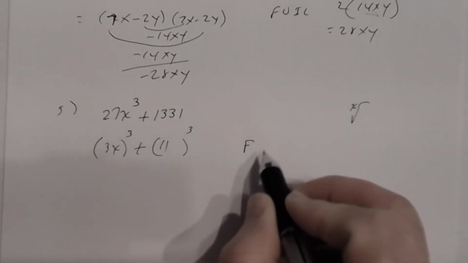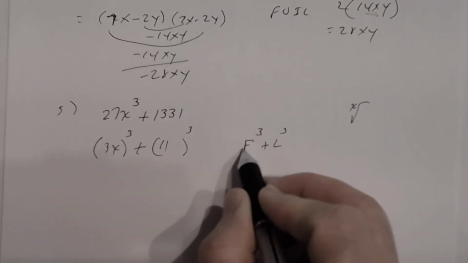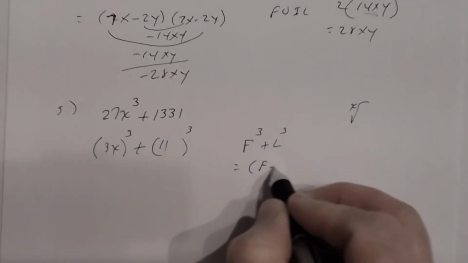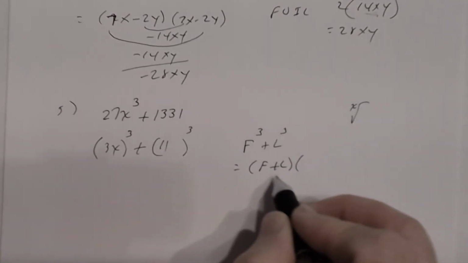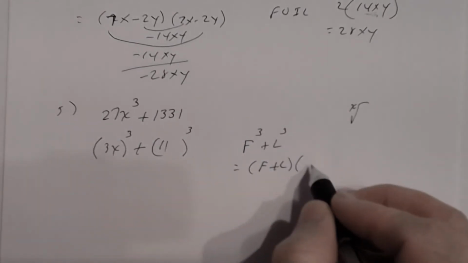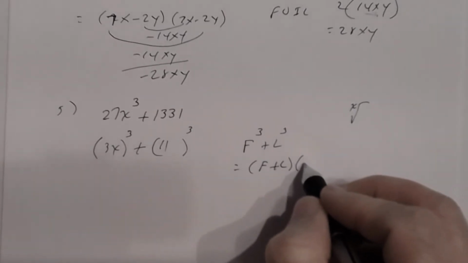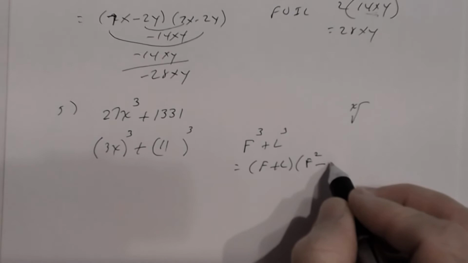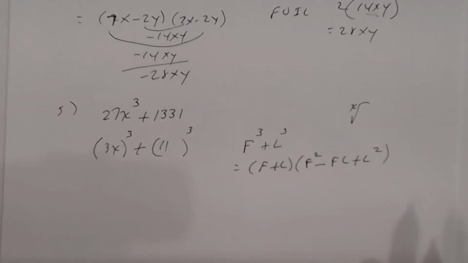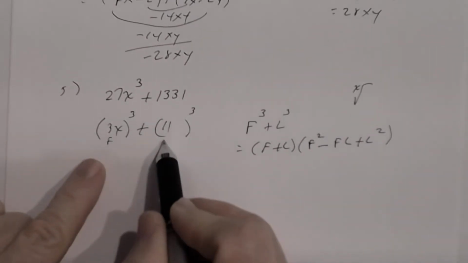We had F cubed plus L cubed, so something cubed plus some expression cubed will equal F plus L times, so it's kind of like first and last. So it'll be the first plus the last inside the parentheses times the first squared minus the first times the last, and then plus the last squared. Okay, so that's your formula. So remember, this is your F, this is your L.